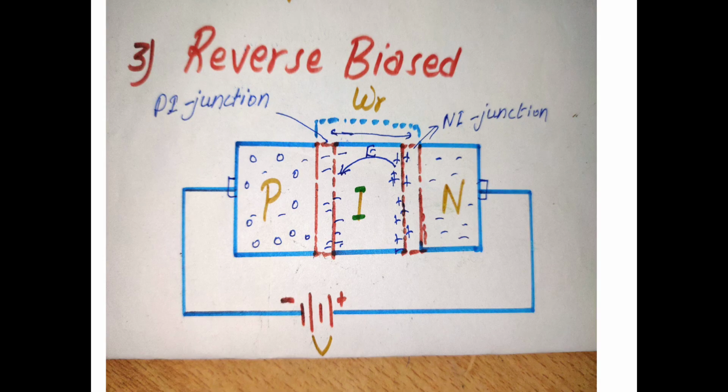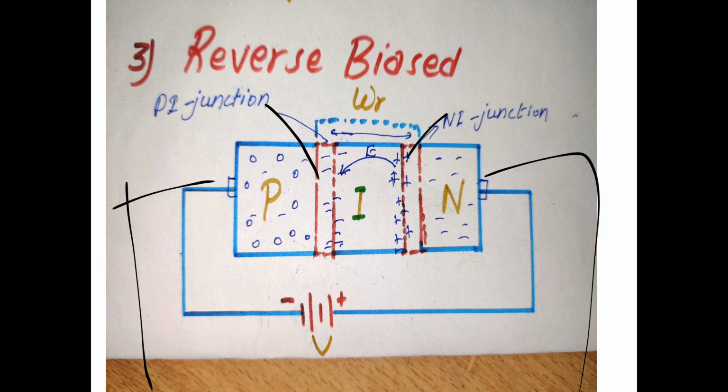Now we will see the working circuit diagram for the reverse bias condition. So this is the circuit diagram for the reverse bias condition, where you can see this is the P region, and this is the N region, and WR is the depletion width for the reverse bias condition of the PIN diode. Here V is the biasing potential, where we have applied negative potential across the P region and positive potential across the N region.